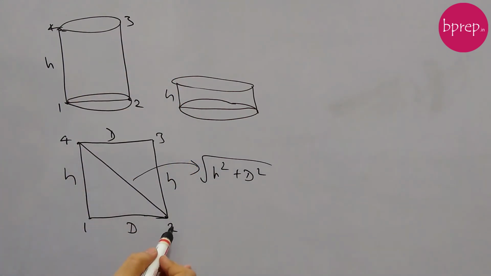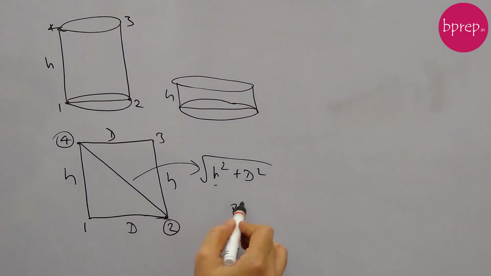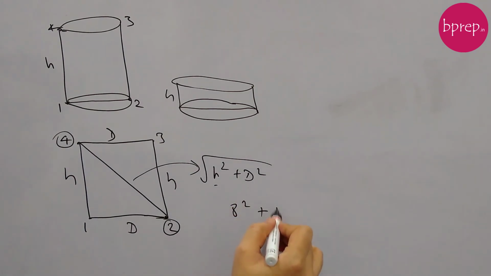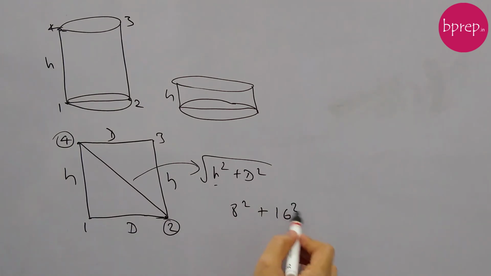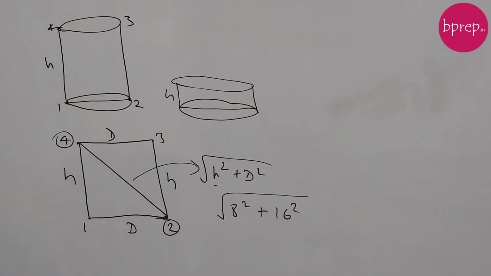Okay, so now considering point 2 and point 4 are farthest, the distance between them would be √(h² + d²). Now in this question, the height is given as 8√2 and the radius of the base is given as 8, hence the diameter will be 16. So this diagonal would be √((8√2)² + 16²).